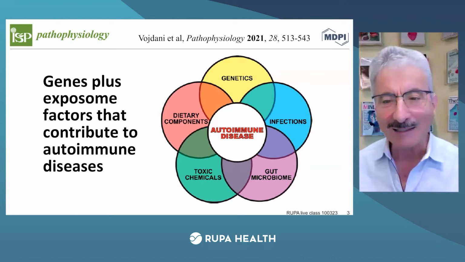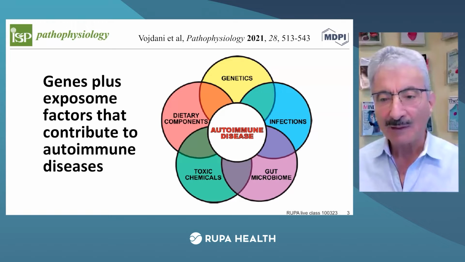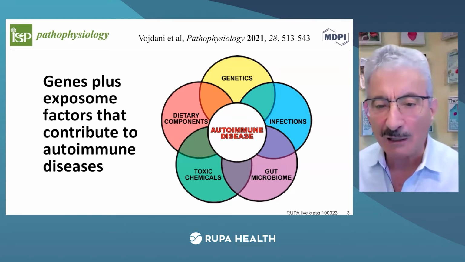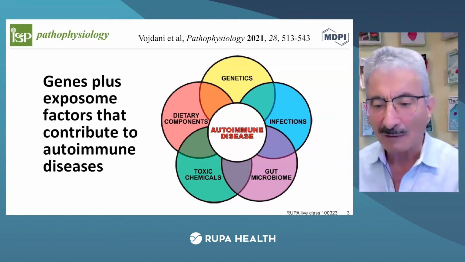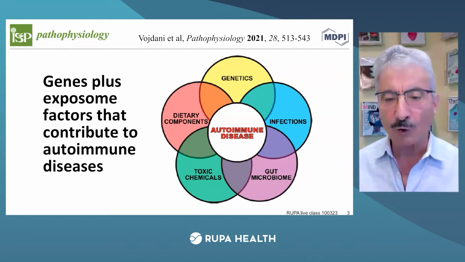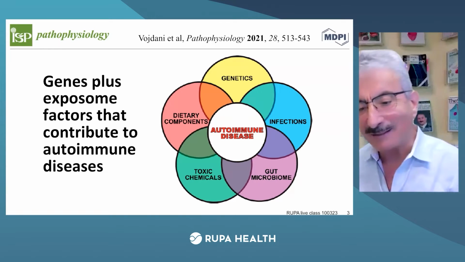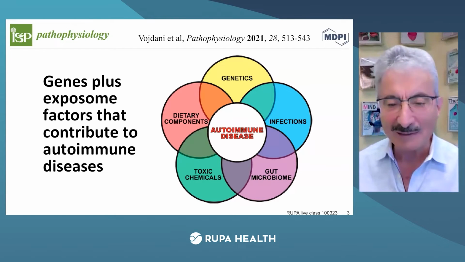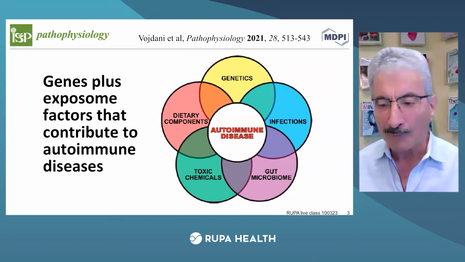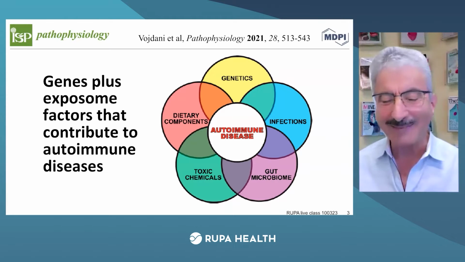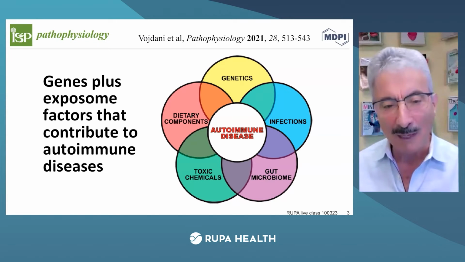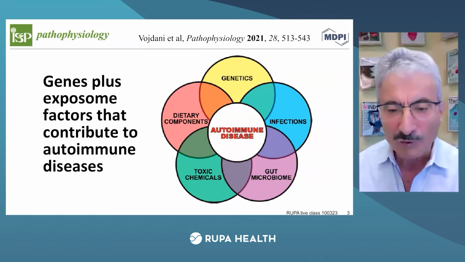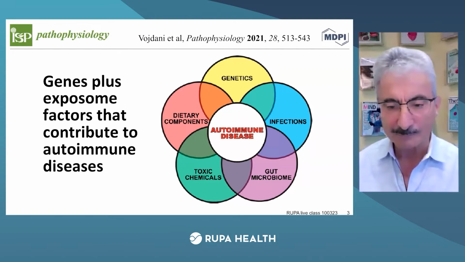But reactive oxygen species is an internal environmental factor. Therefore, the external and internal environmental factors plus genes play a significant role in induction of all these disorders. And of course, food, infection, toxic chemicals, and their effect on gut microbiome are the most important factors.